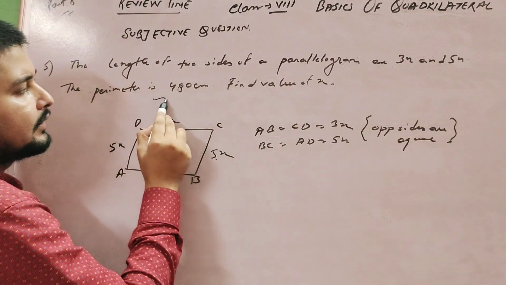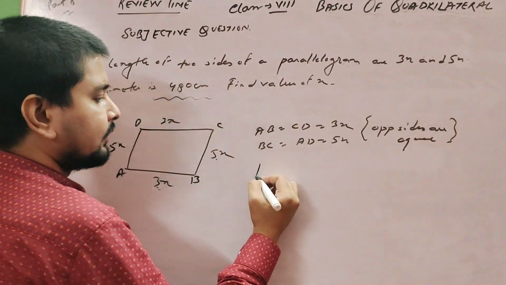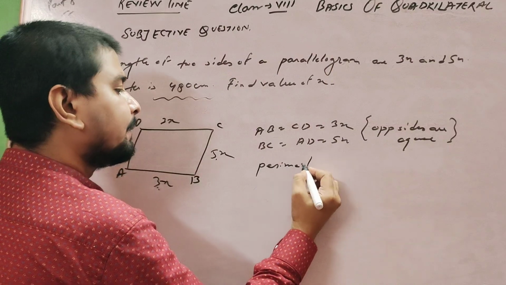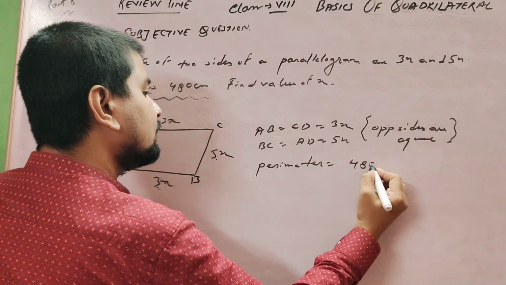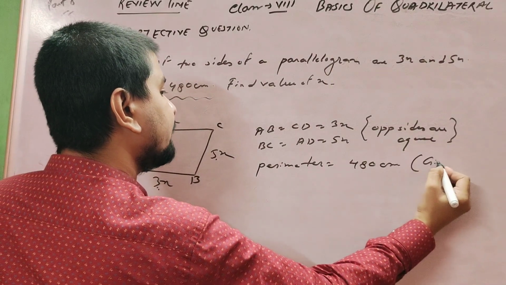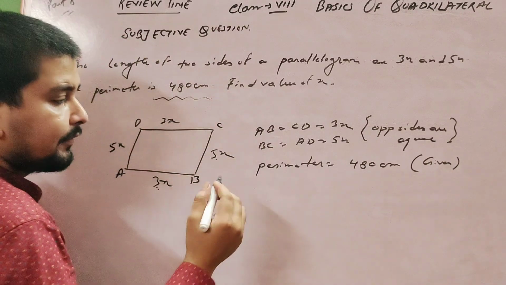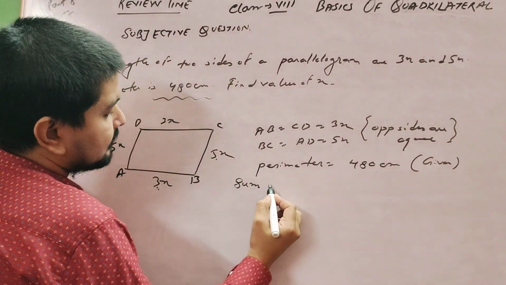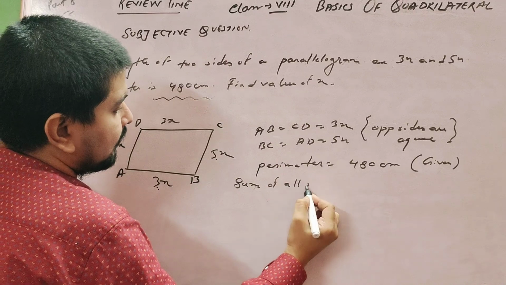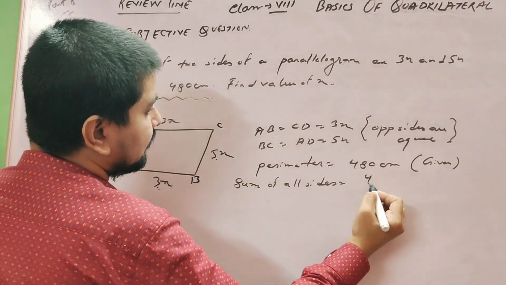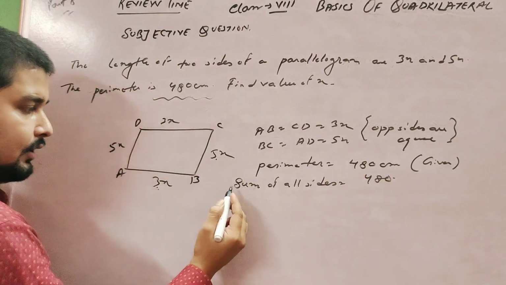And the perimeter is given, 480 centimeter. We know the formula of perimeter: sum of all sides is 480.